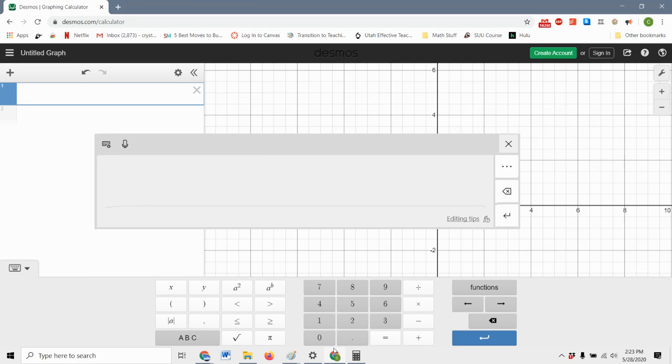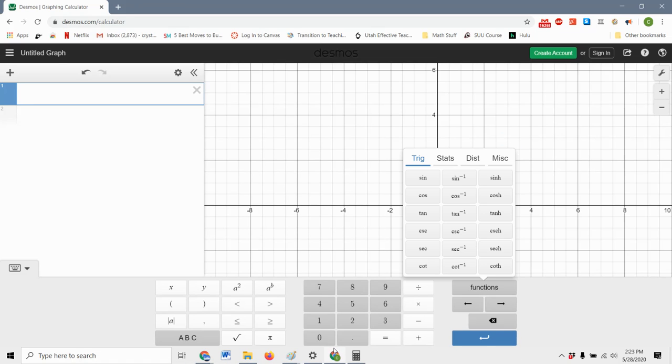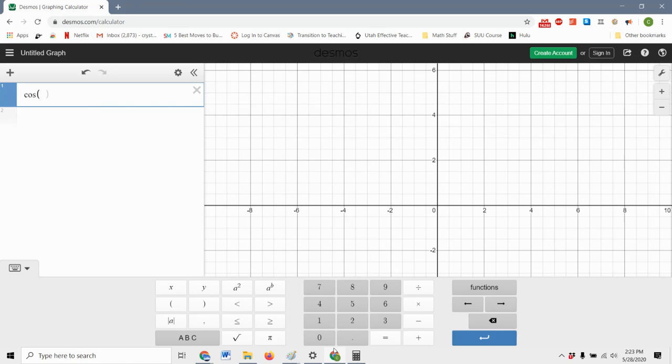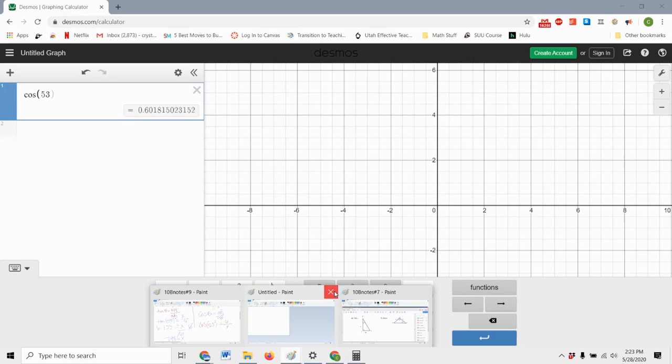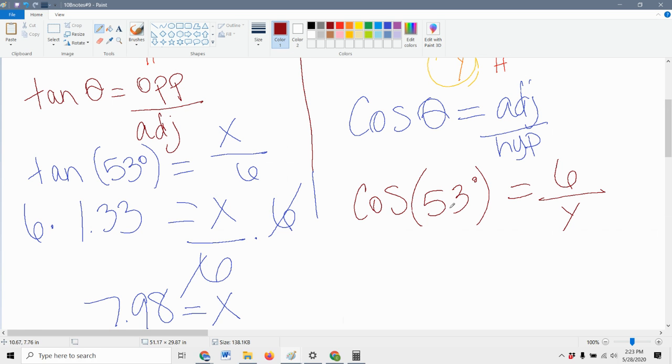We'll come back over here again. Make sure you're in degrees. I know I am. Cosine of 53 degrees is 0.60, and we'll leave it as a 0 because that third spot is a 1. 0.60 is what the cosine of 53 degrees is, and that's equal to 6 divided by our variable, which is y.